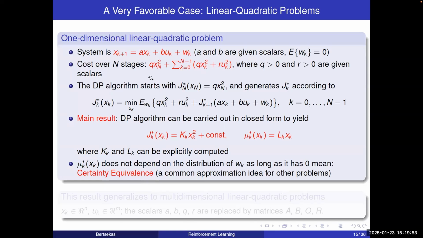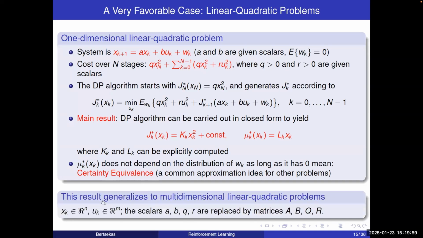Now, the other thing I want to note is that I'm going to talk about this result for a one-dimensional case, but it holds much more broadly for multi-dimensional linear quadratic problems, where xk belongs to an n-dimensional space, uk belongs to an m-dimensional space, and the scalars a, b, q, r here are replaced by matrices. Similar results hold, and the computation is pretty similar to the one that I'm about to give you.